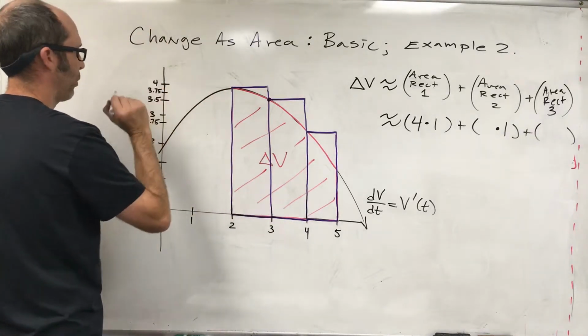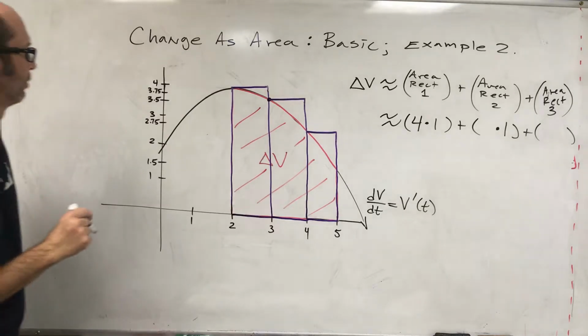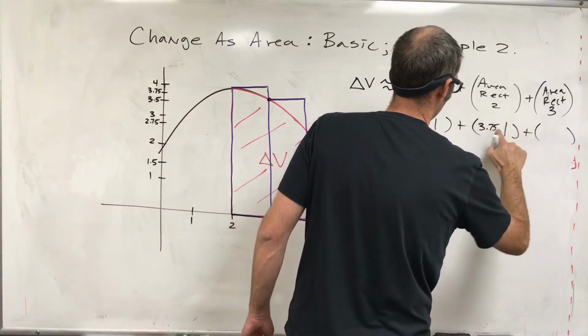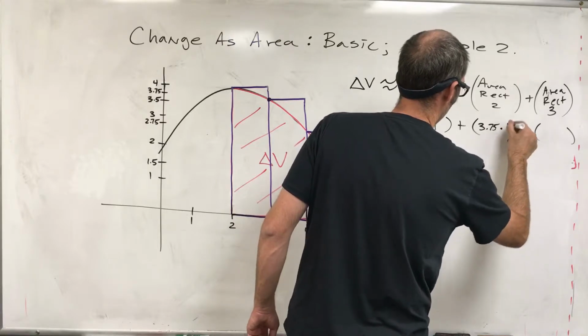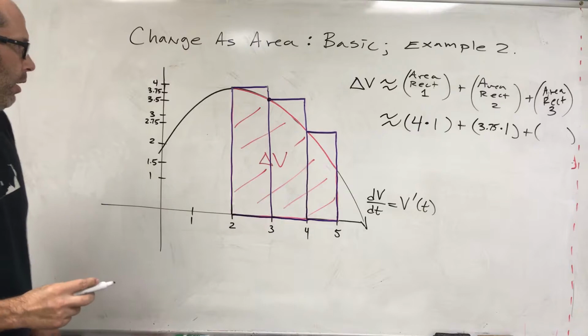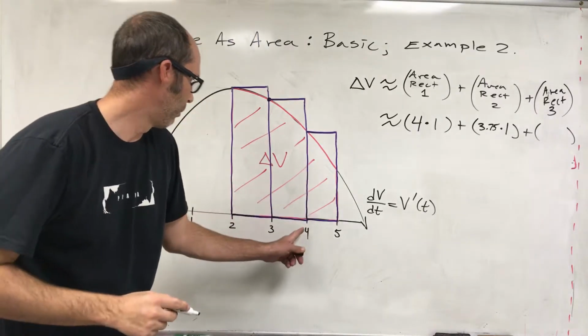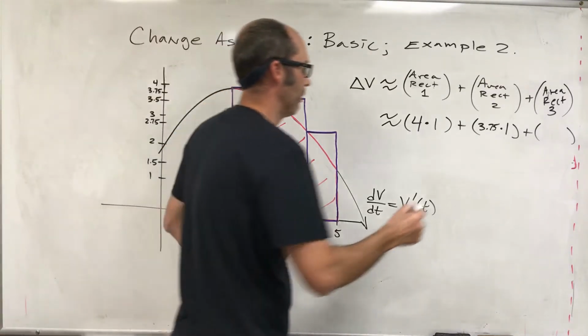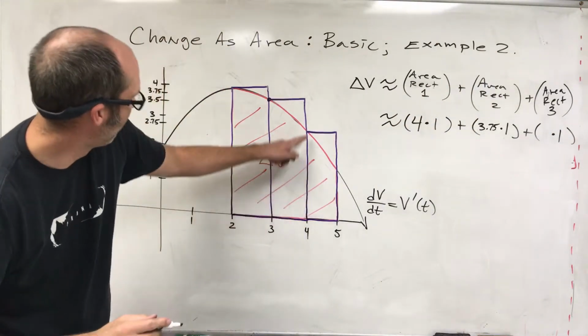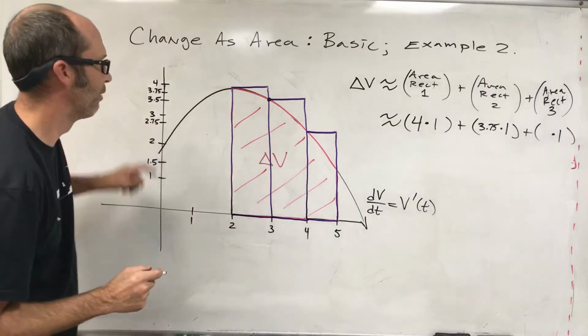That looks like it's about 3.75, times 1. And now rectangle 3, my width again is 1, and my height is v prime of 4, 2.75.